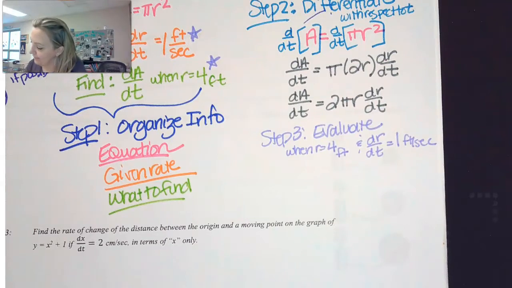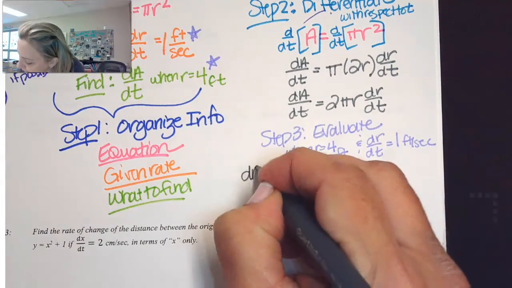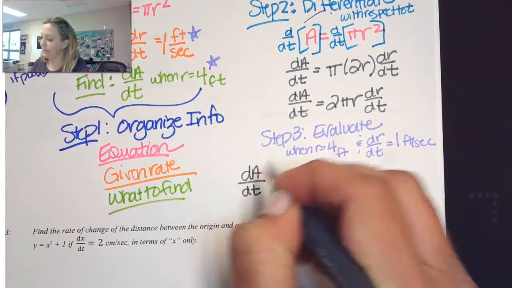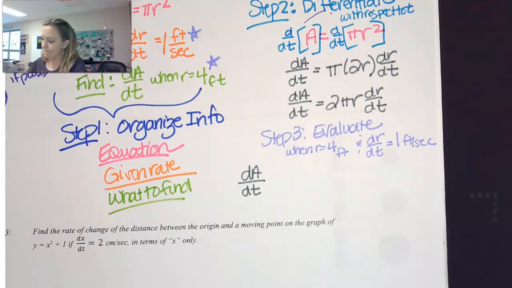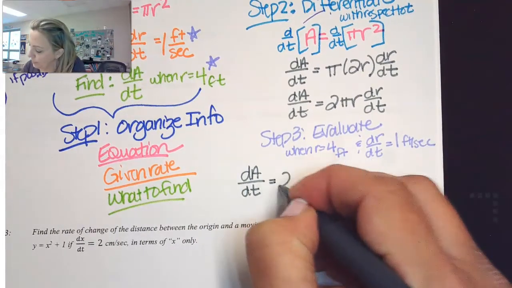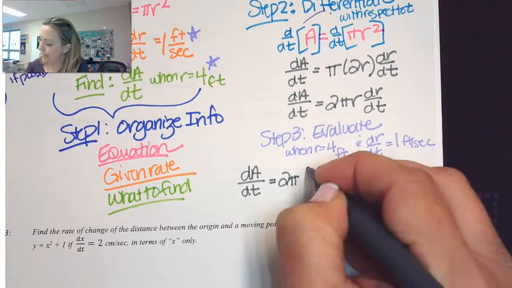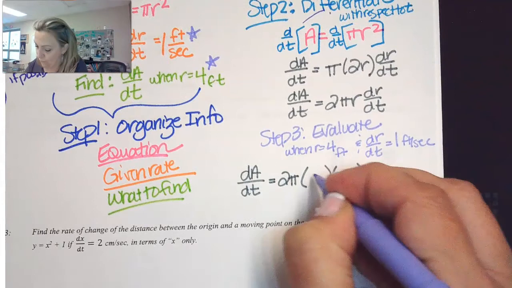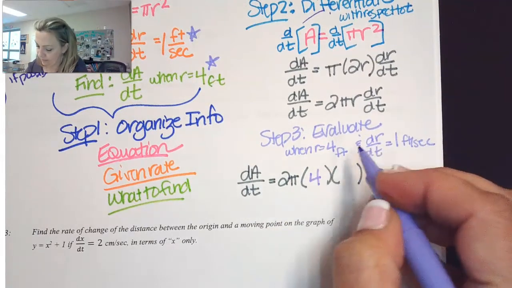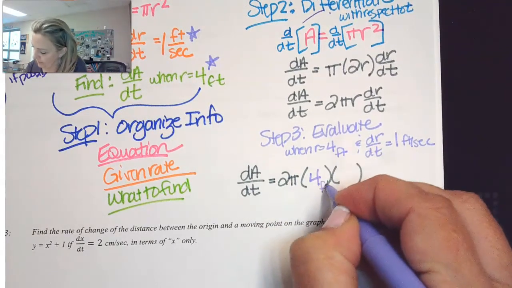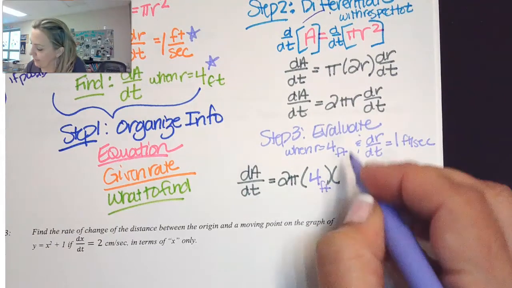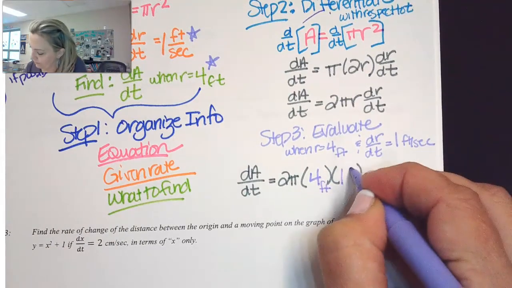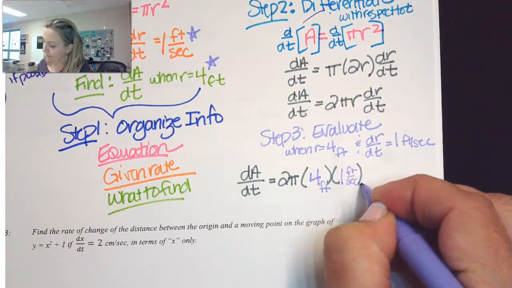We've got that the derivative of A with respect to time is going to be 2 pi and then r, which is 4 feet, and dr dt, which is 1 foot per second.